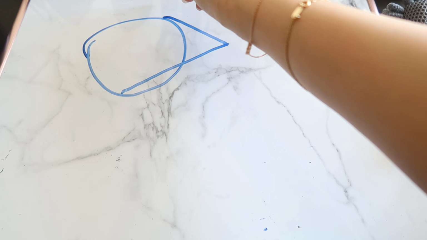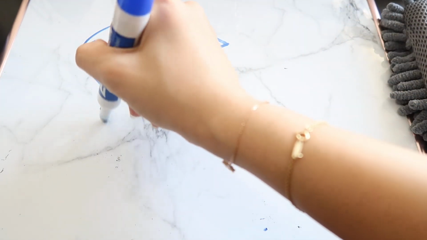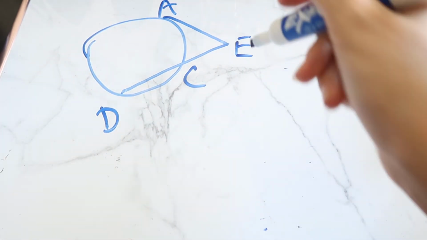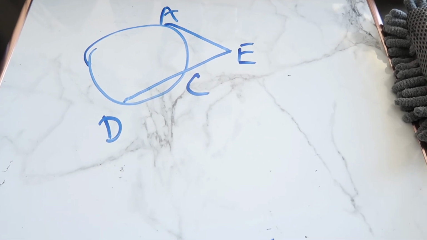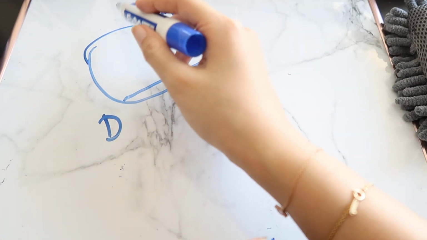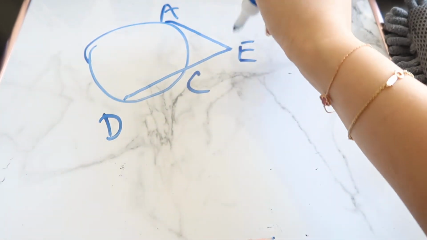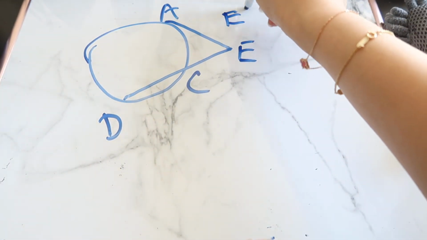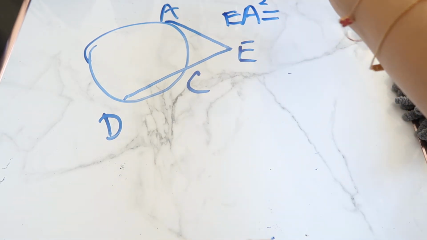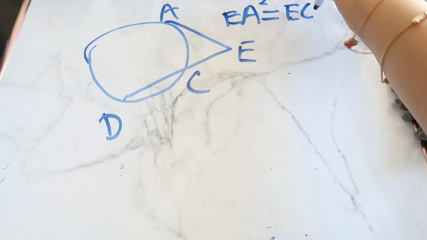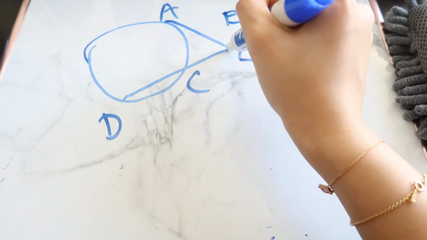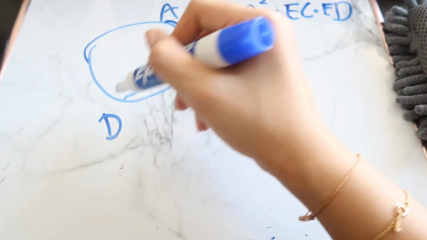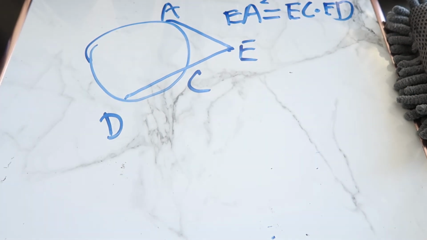And if you take a look at this, let's call this A, and then C, and then D, and then E. Alright, so the formula for this one, the reason why we are not using letter B here is because we're pretending we're missing the B on this part. So the top part, it will be just EA squared, and then the bottom one will be EC times ED. So the intersecting part, it's EC and then times ED. The top is just EA squared.